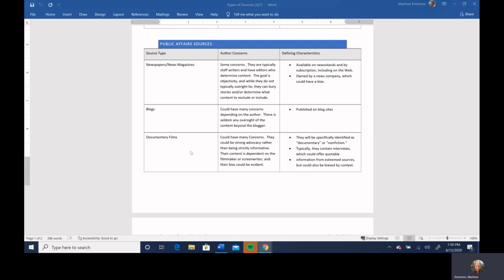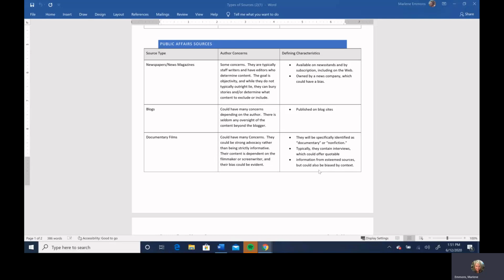Their content, what they determine that they're going to say or not say, is dependent on the filmmaker or screenwriter, and they could be biased. So they will be identified as a documentary or nonfiction. They typically contain interviews, which can offer some really nice quotable information because sometimes, not always, but sometimes they interview people who do have very strong credentials.